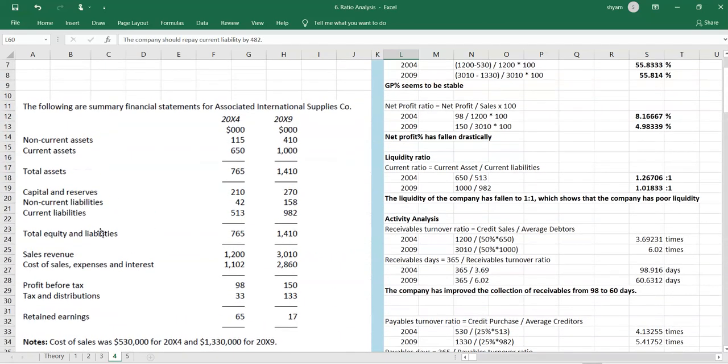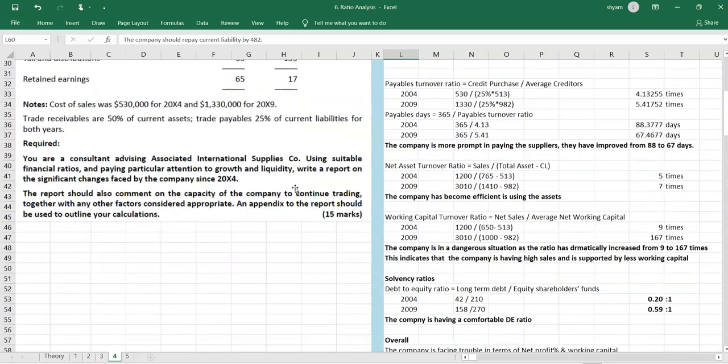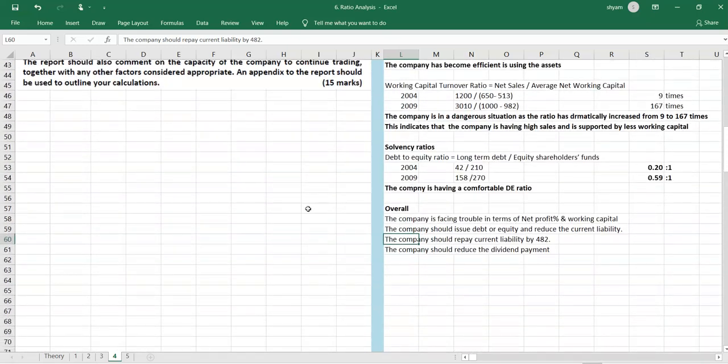So let's see whether the company has reserves. They have told that equity and reserve put together is 210 and 270. I think this should be the reserve increase. So 65 is going to the 210 and it becomes 270. Now the problem is, can they raise this 482 from the equity and debt?